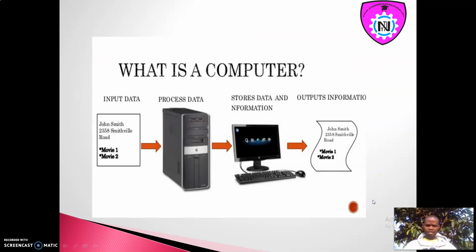Now, this is imagery of what we can say the computer is, because now we are looking at the four things that we are talking about: the data, the process of data, the storage of data, and the display of the data. Now we have data. You can see here, this is the data that John Smith is trying to input into the central processing unit for processing.